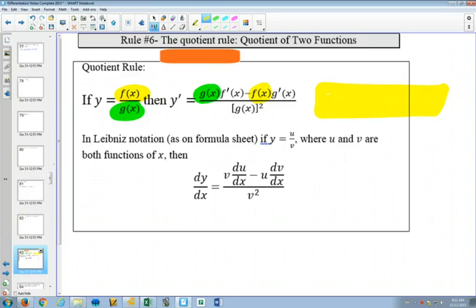So the top part of the quotient rule looks very similar to the product rule, because the product rule was keep one the same, then do the derivative of the other one, then add and keep the other one the same and do the derivative of the other one. Okay? In some ways, when I was learning the quotient rule and the product rule, I'll just write out the product rule here.